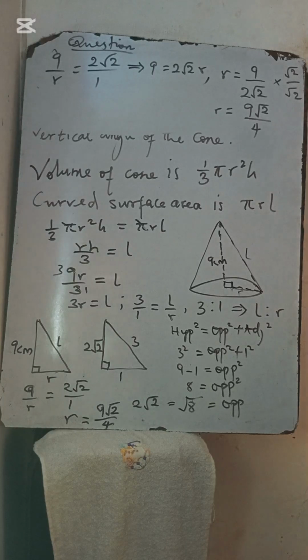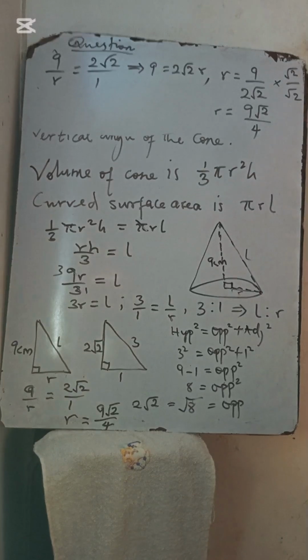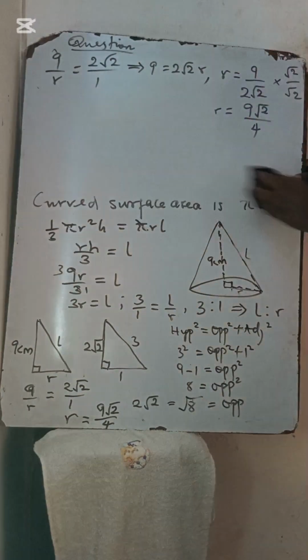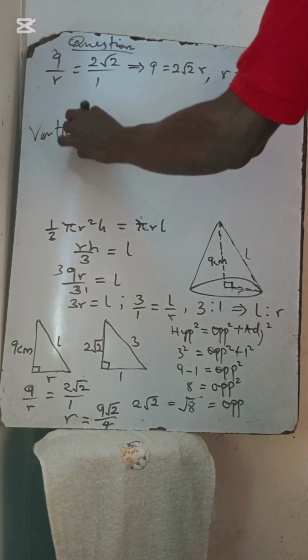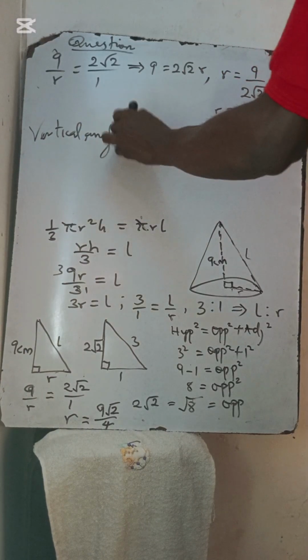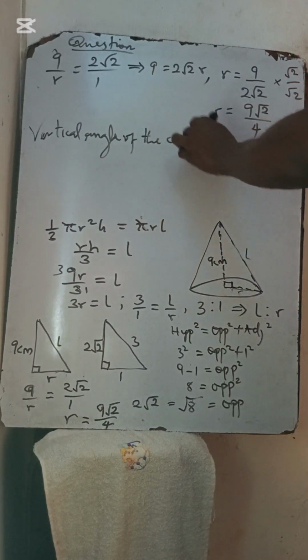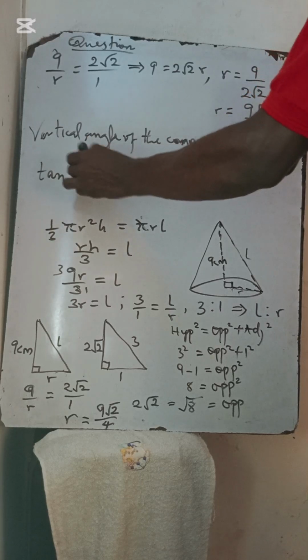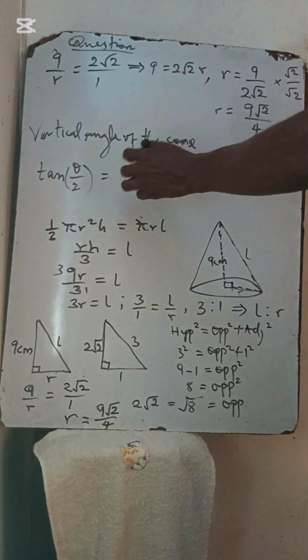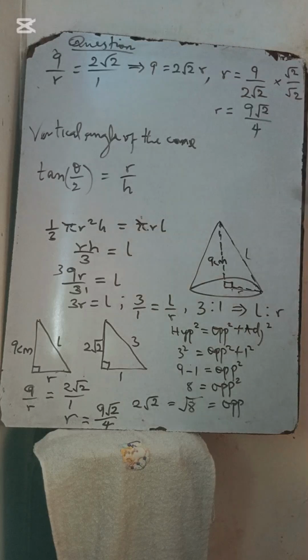So now we have the value of r, and we have to find the vertical angle of the cone. To get the vertical angle of the cone, what we use is tan theta over 2 is equal to r over h. We now know what our r is in centimeters, and we have our h as it is given initially.